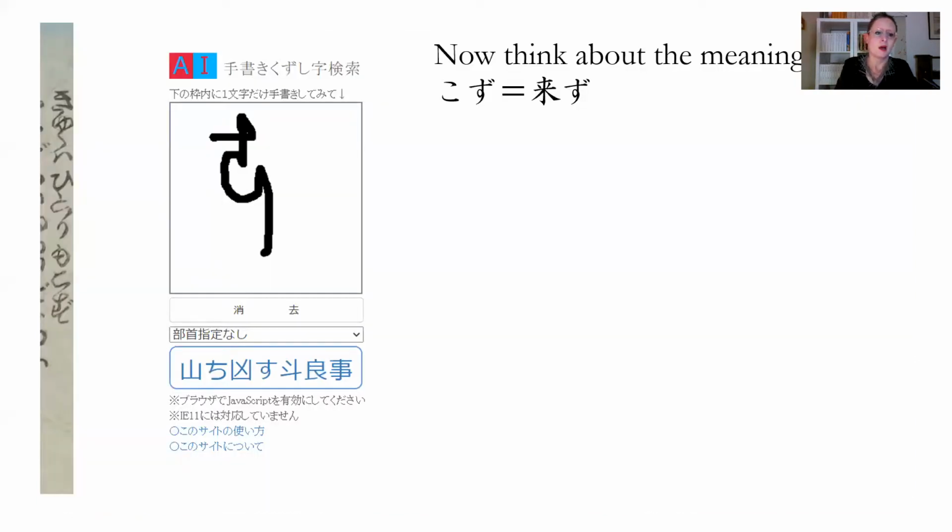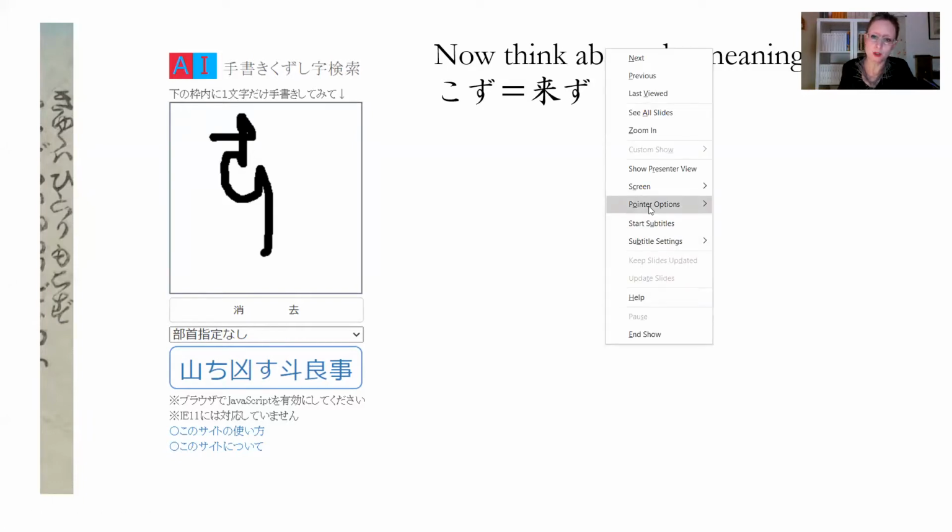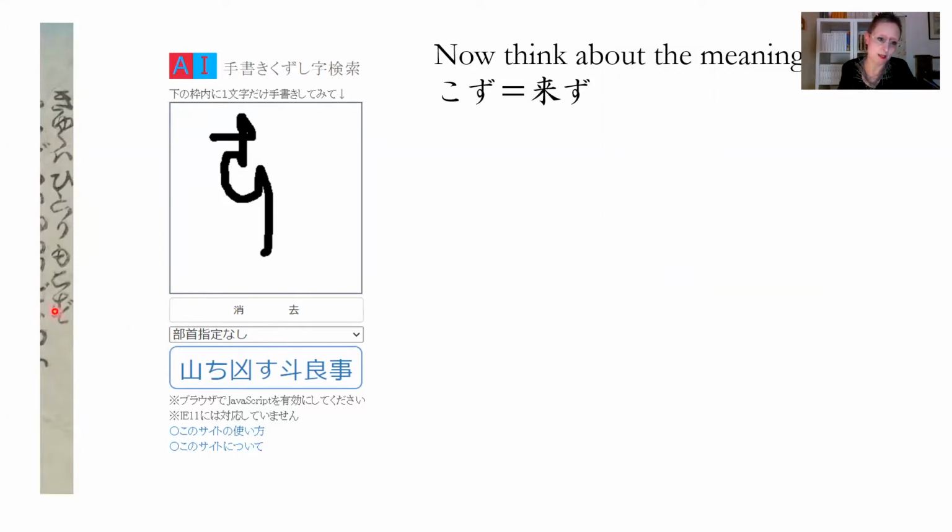So for the red one, here the problem will be for you to understand this shape if you have never seen it before. Again, as I suggested, if you really want a quick hint, go onto the AI Tegaki Kuzushiji Kensaku, insert a similar form, a similar shape, and you will see that you have many things coming up.